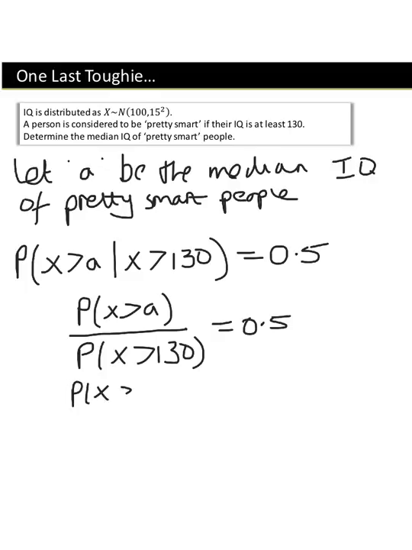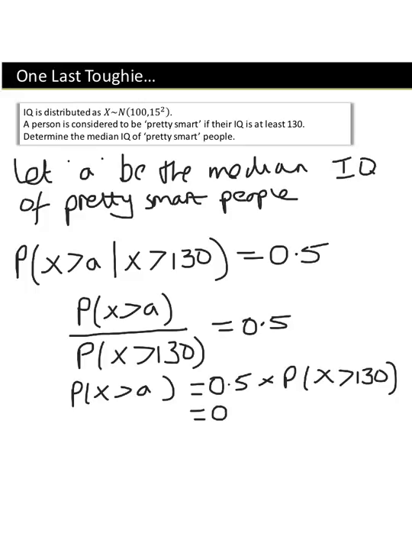The probability that x is greater than A is equal to 0.5 times the probability that x is greater than 130, which equals 0.5 times 1 minus the probability that x is less than 130.